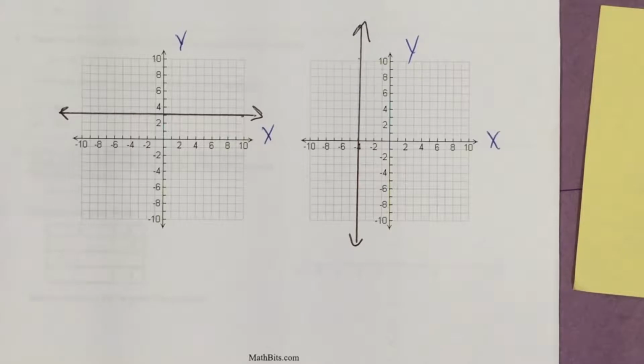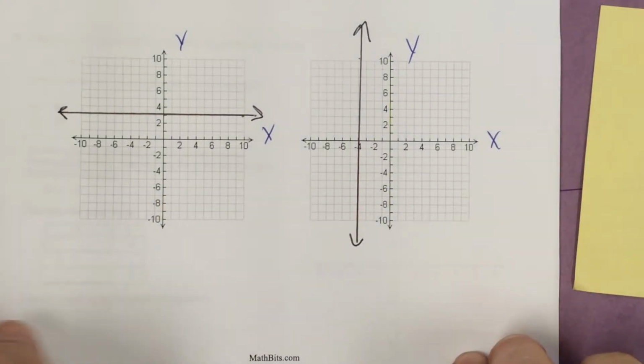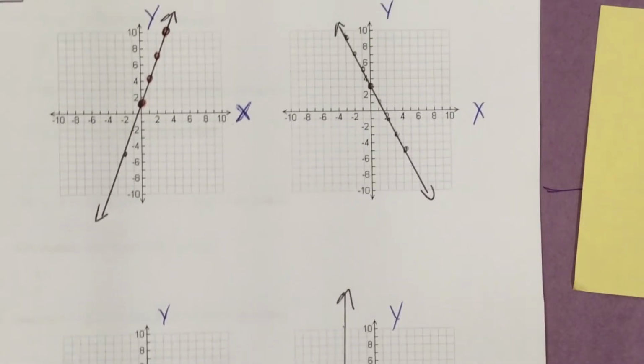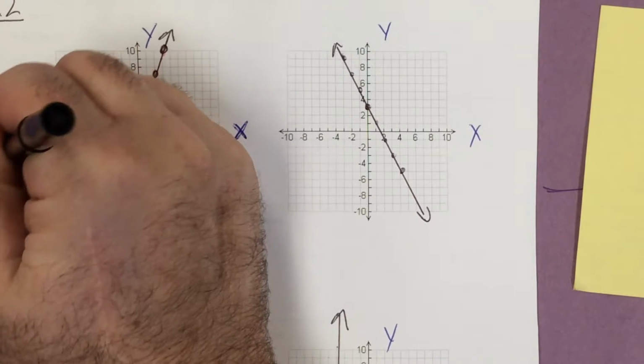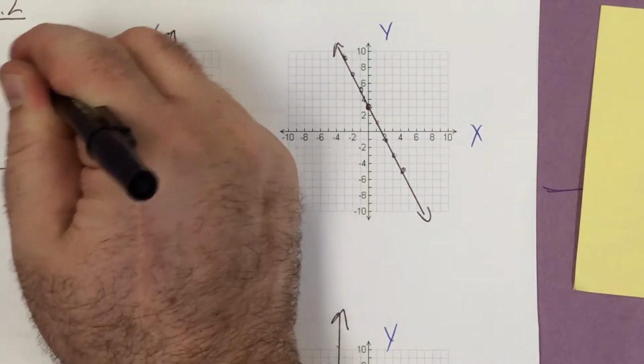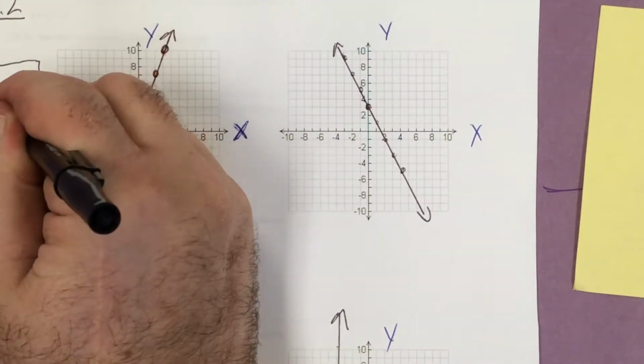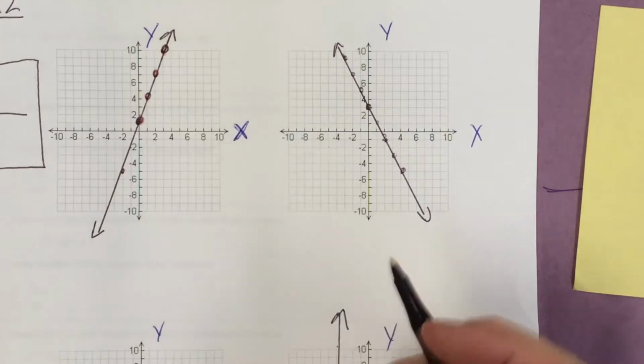So we're going to take a look at how we begin to quantify these slopes. Slopes are going to vary differently, and we'll see how we figure these out going left to right. There's something I use, which is called a slope box. And this is how we find the slope. What we're going to do is write the slope as a fraction.